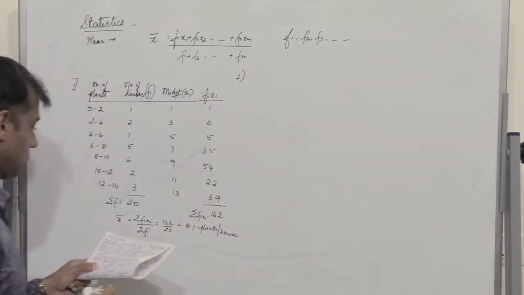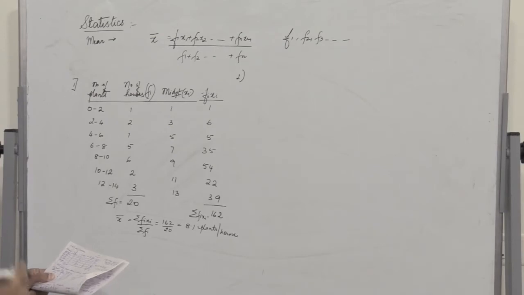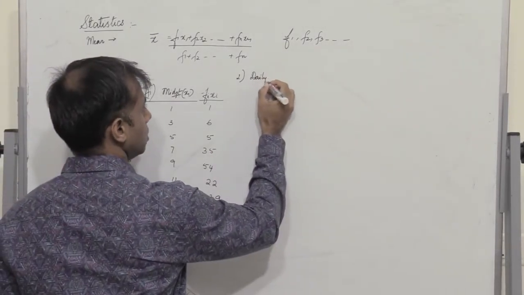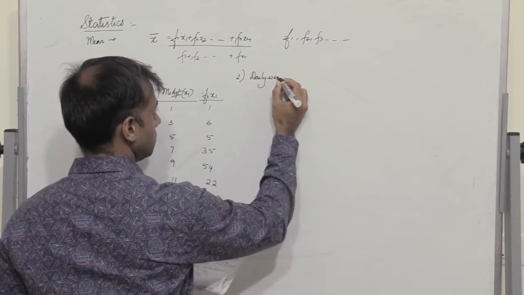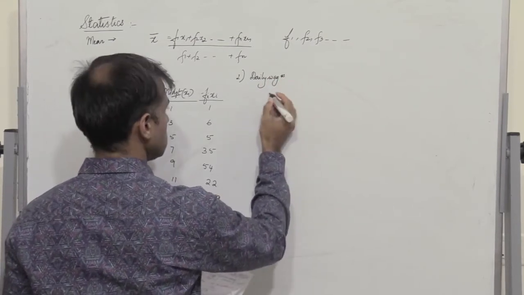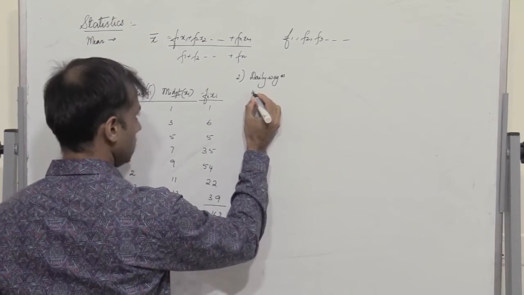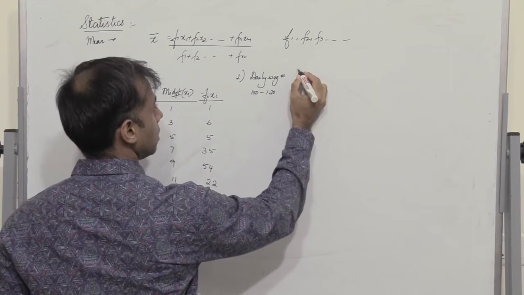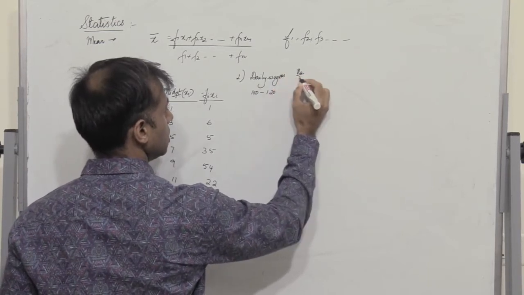So here there is a table of the daily wages of workers. There are 50 workers and there is a variation here. So the wage 100 to 120 rupees, and we have number of workers.